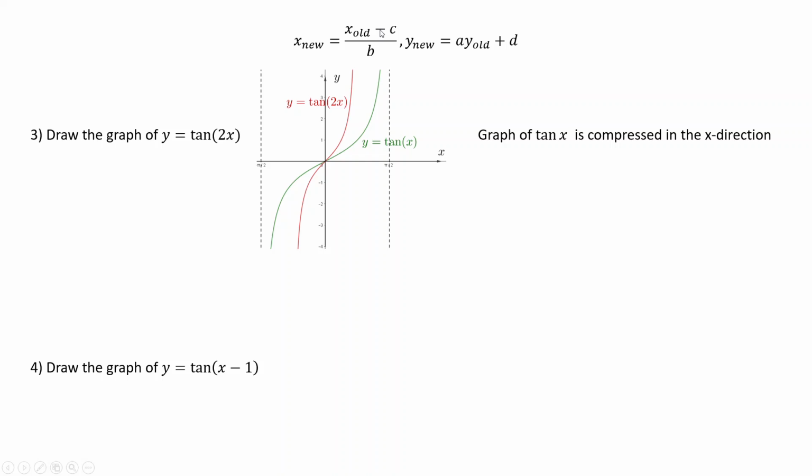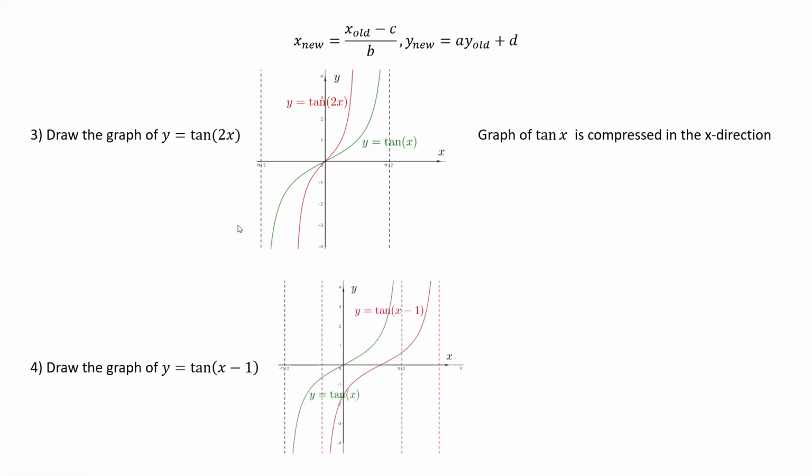But x old minus negative 1 means x new is x old plus 1. That means the graph is scooted to the right by 1 unit. Exactly. In the x direction, this is shifted by 1 unit.